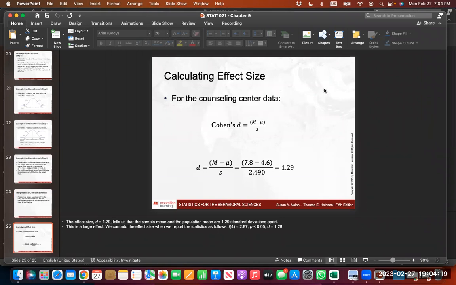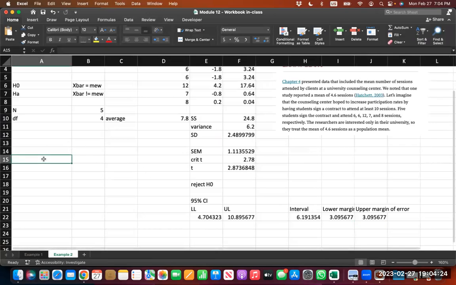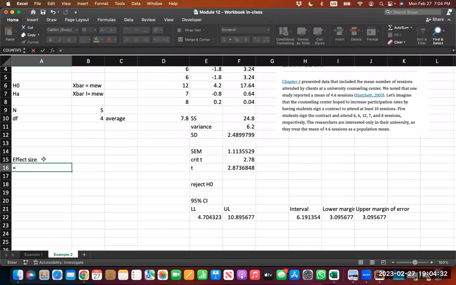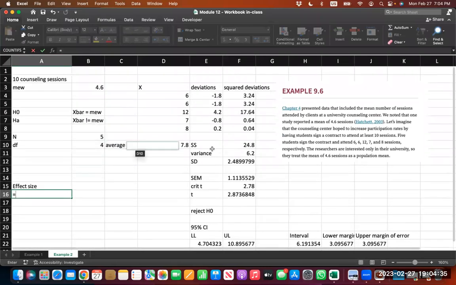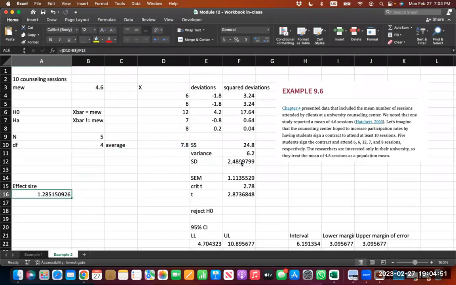Also important, you can now calculate your effect size. And we know the effect size is being calculated in the same fashion as the t, by basically calculating our average minus our mu divided by the standard deviation rather than the standard error of the mean, because it is an estimate of this effect size that we're looking at independent of the sample size.